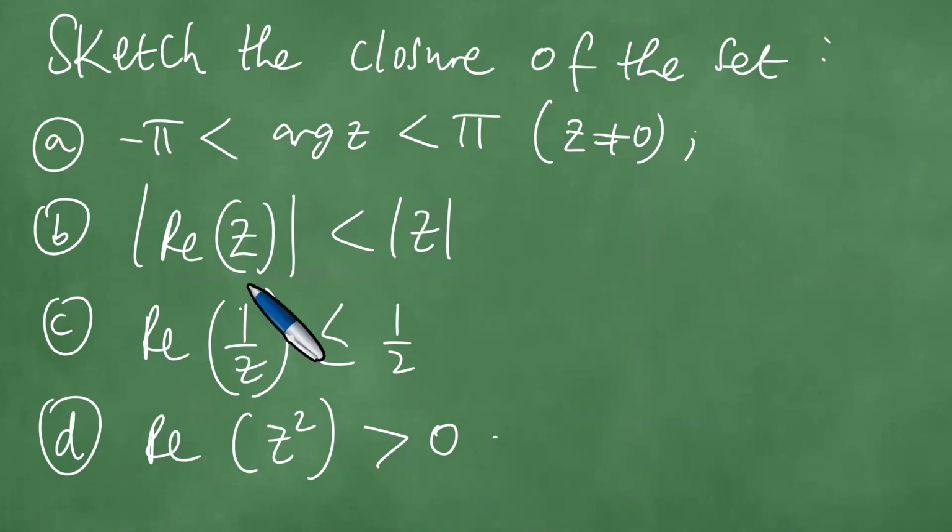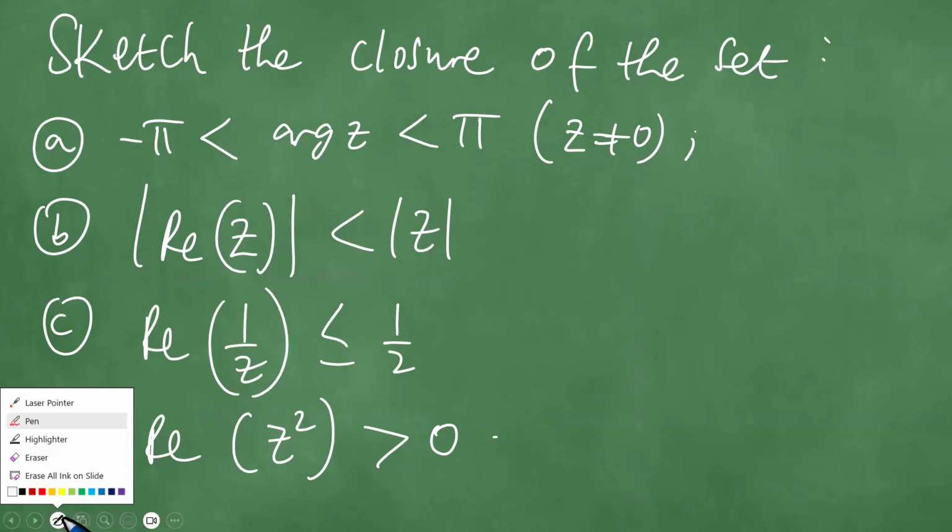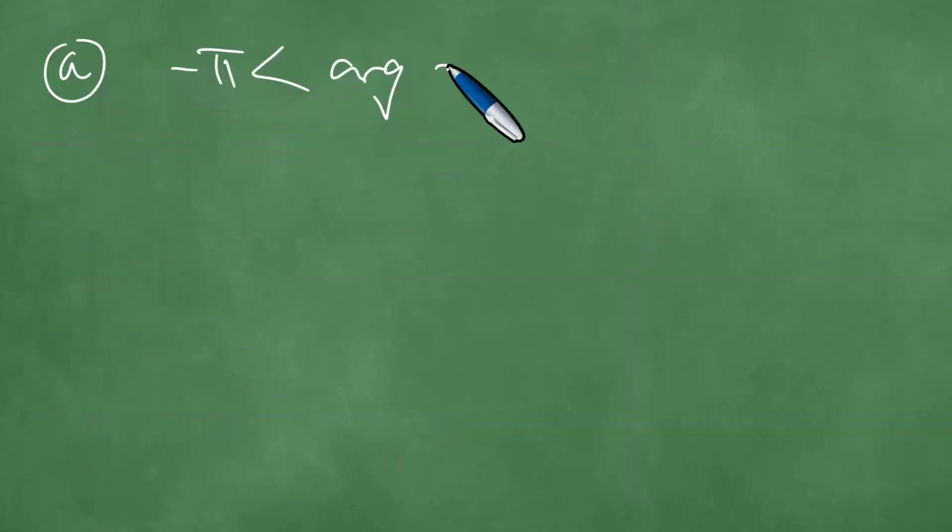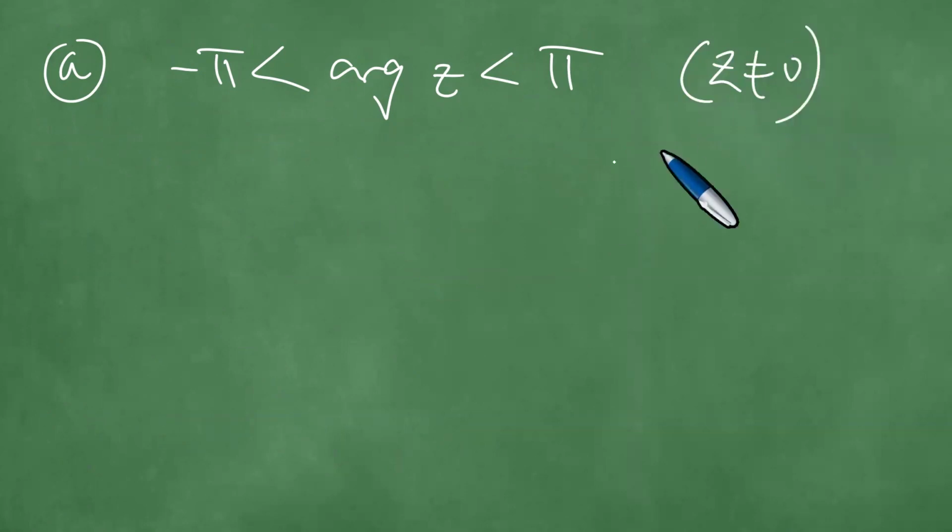Let's look at the first one, the argument. Part A focuses on minus pi less than the argument of z less than pi, but we are looking at z not 0 as usual for the argument. Let us draw the closure. Before, we were sketching the sets, but now we are sketching the closure.